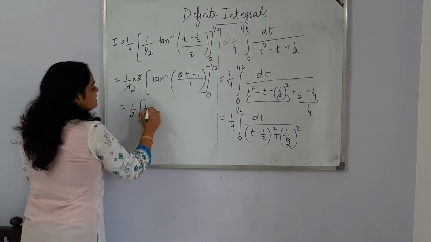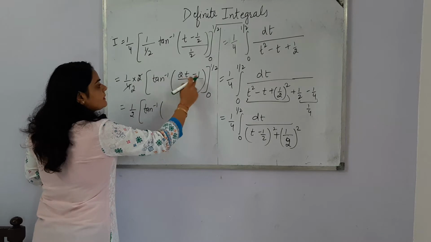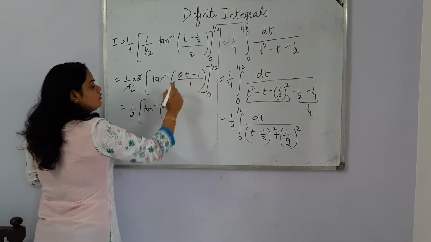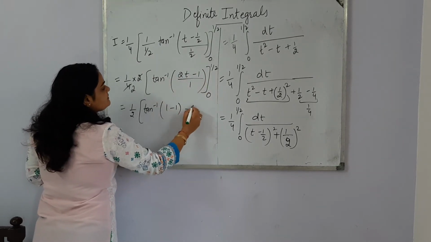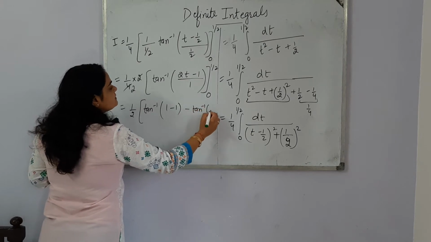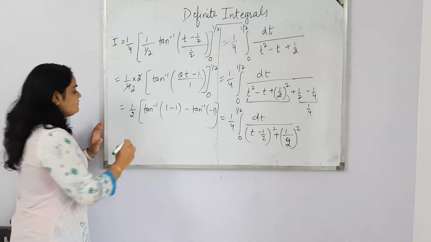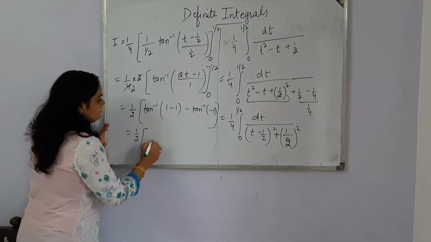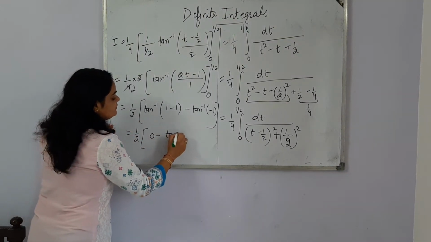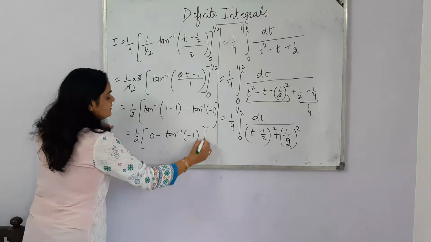Now we are substituting the limits. 2 into 1 by 2 is 1, 1 minus 1 is 0, so tan inverse 0 is 0, minus tan inverse of minus 1.